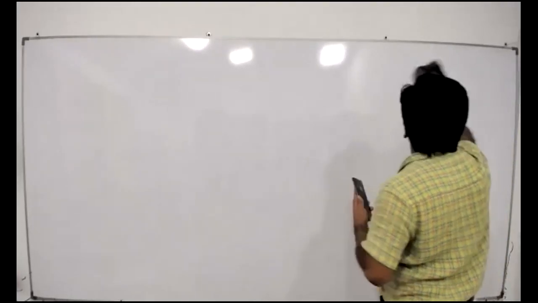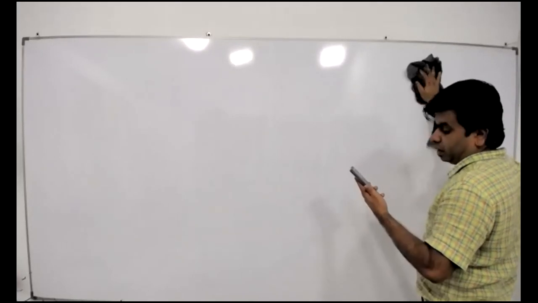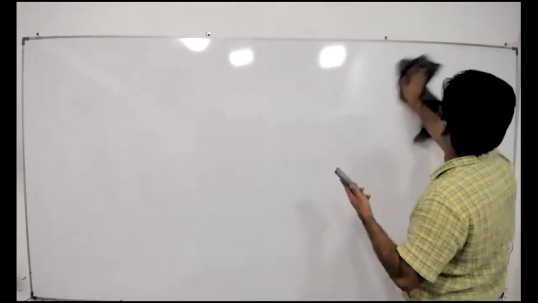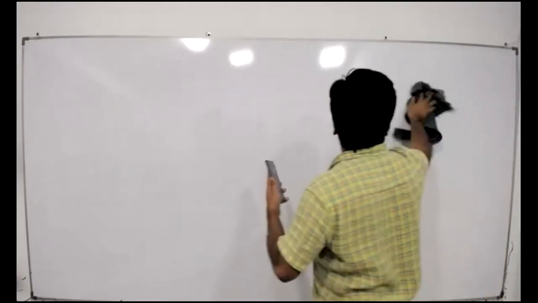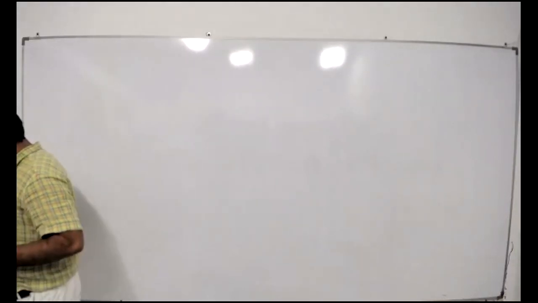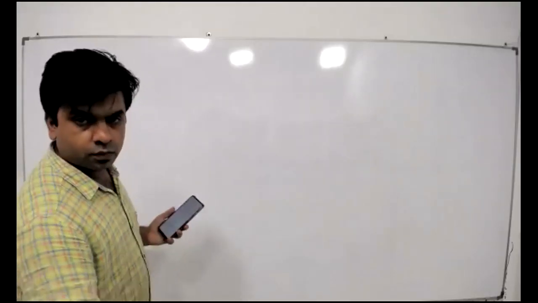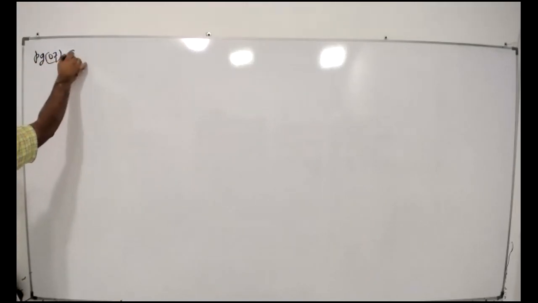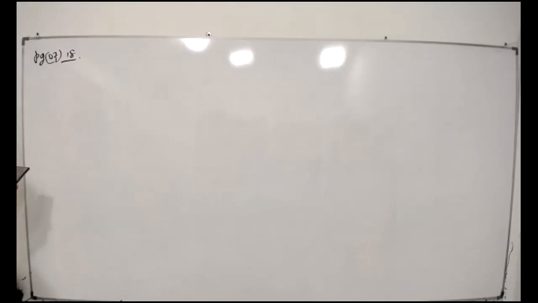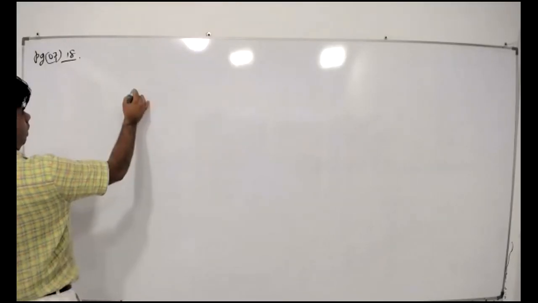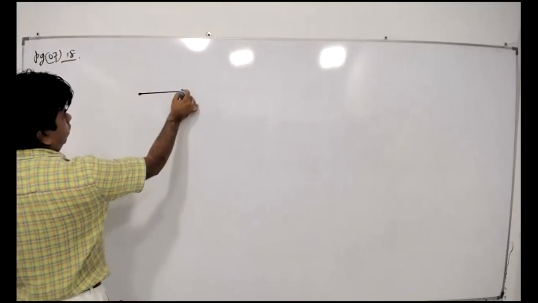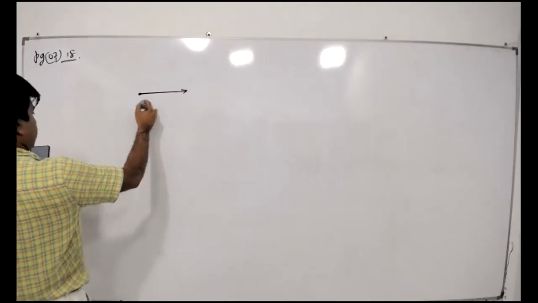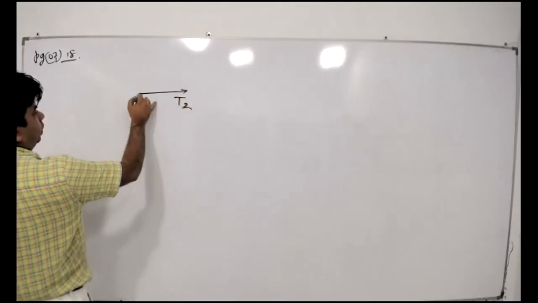So what's the question? Question number 18 in page number 7. Now, there's a horizontal string with the tension T2, magnitude is T2.